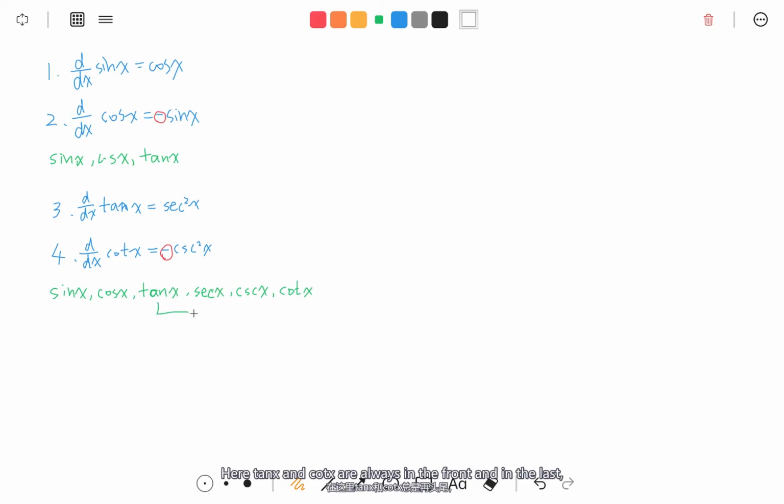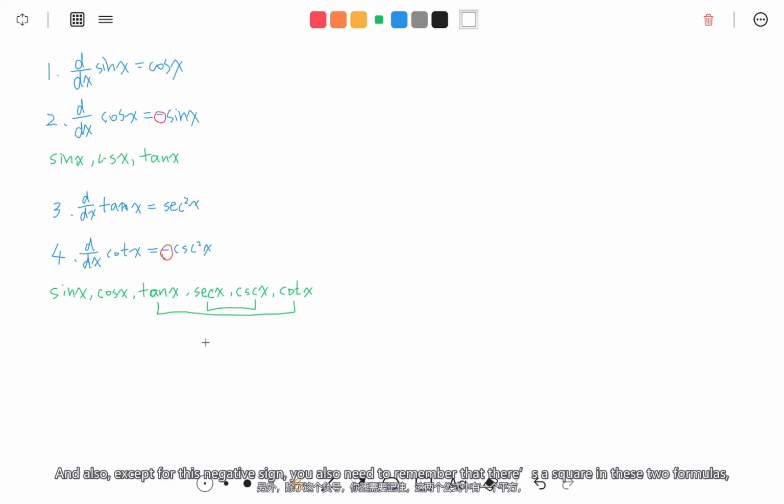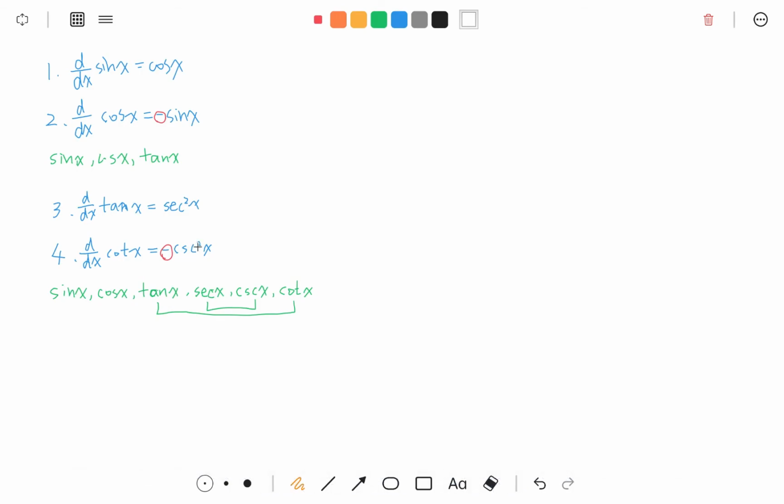Here, tangent x and cotangent x are always in the front and in the last. So cotangent x is always following tangent x, so the answer of d/dx cotangent x should have a negative sign. Or you could say that cosecant x is always following secant x, so it's negative cosecant x squared. Also, except for this negative sign, you also need to remember that there is a square in these two formulas.